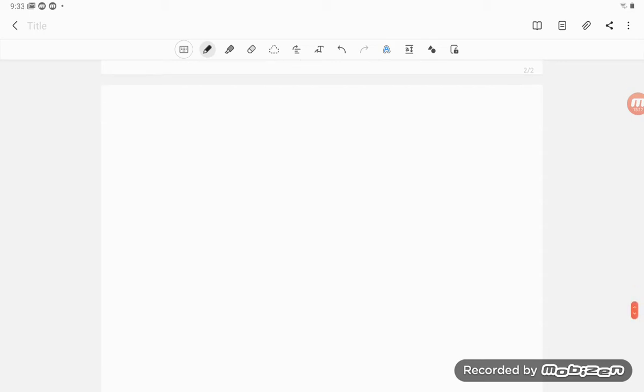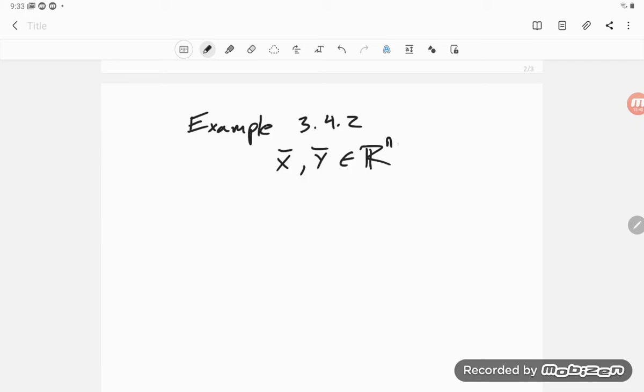So they do an example. Let's go ahead and see their example, Example 3.4.2. They say X and Y are elements of Rn and linearly independent.